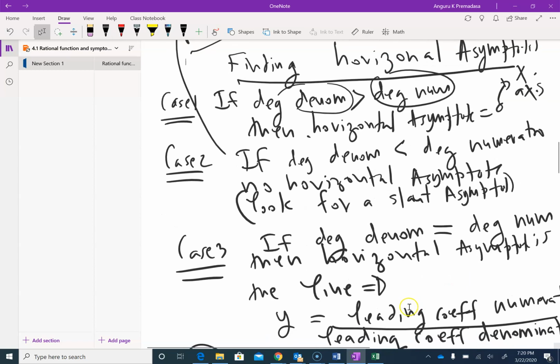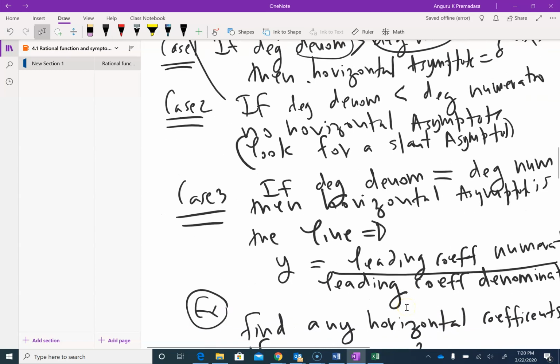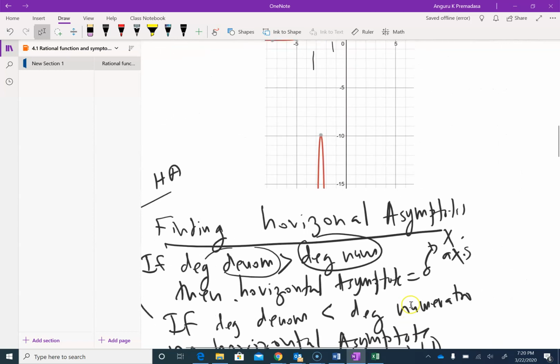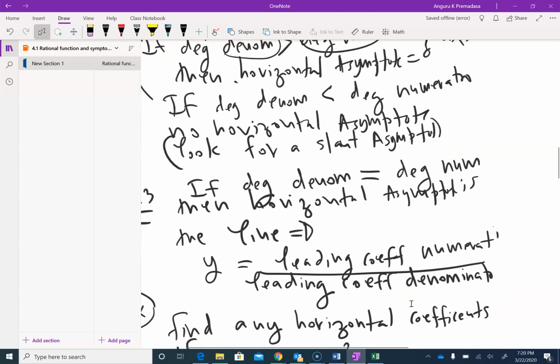And then if the degree of the denominator is equal to the degree of the numerator, for example, if you have something like 10x squared plus 9 over 3 minus 5x squared.